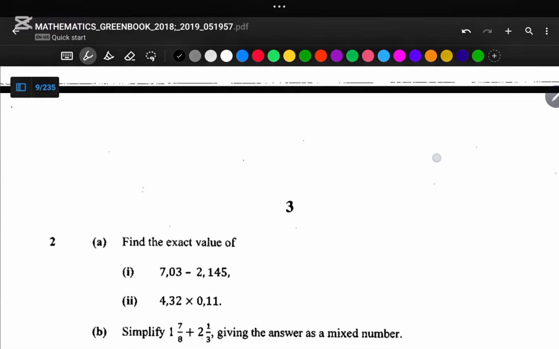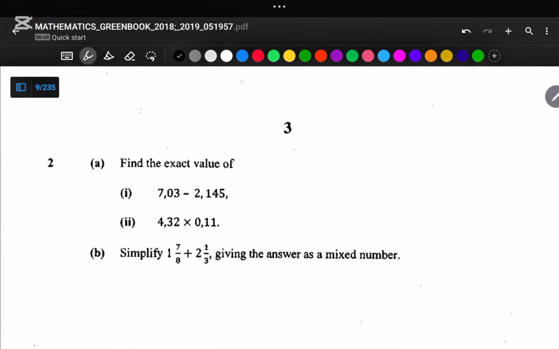Let us move on to number 2, which says find the exact value of 7.03 minus 2.145, and the second part, 4.32 times 0.11. So we are required to calculate 7.03 minus 2.145.